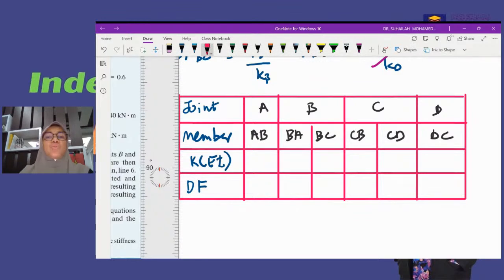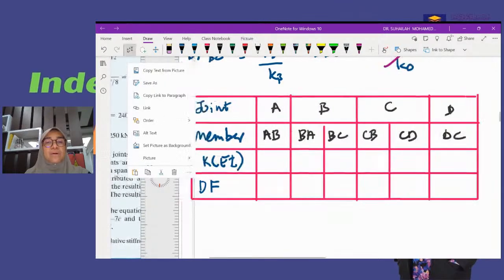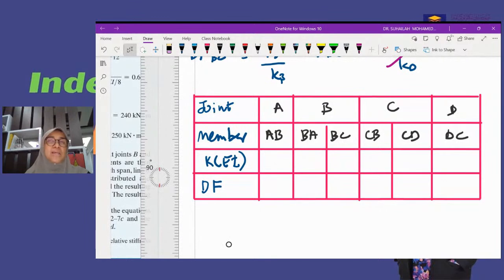KAB and KBA are actually one value. K is for the member, not for the end. Because the length is 12, it is actually 4EI divided by 12, but since we put EI beside K, we only put the value in the table.